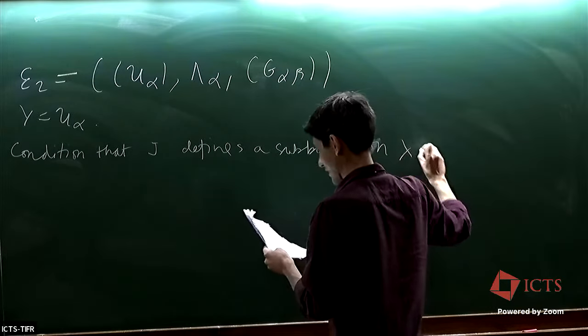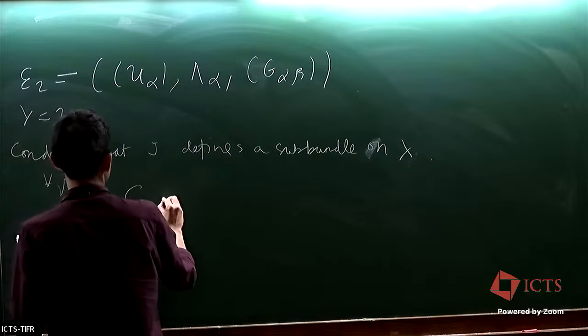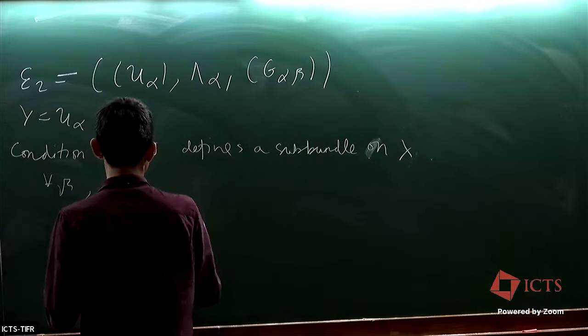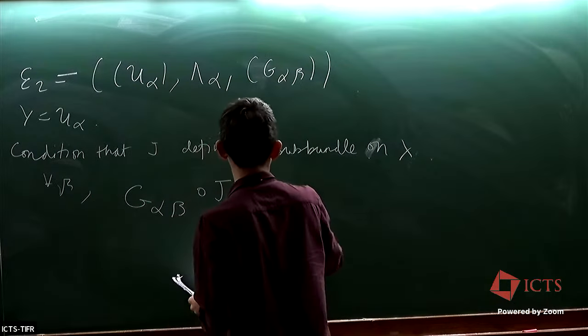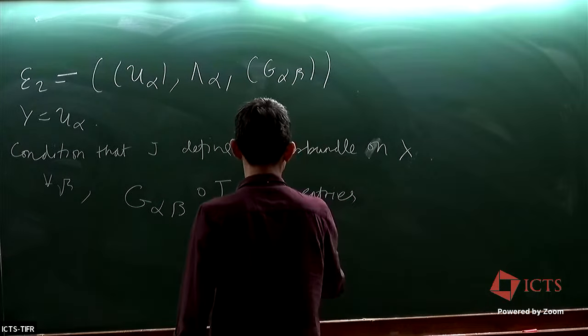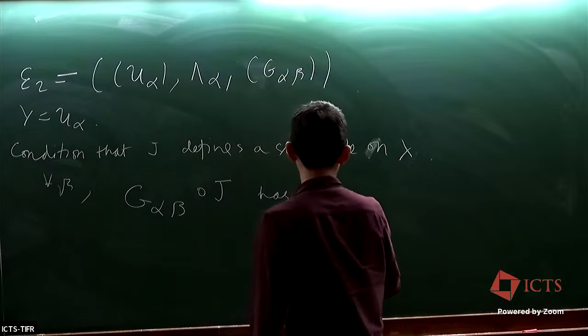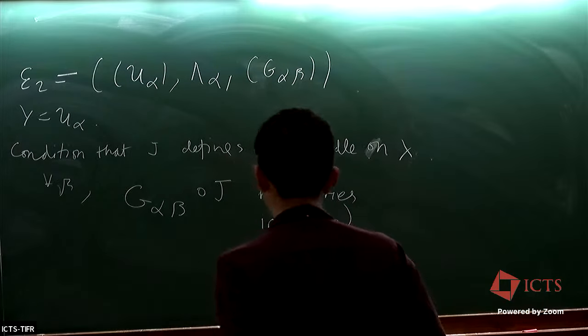It is exactly just the calculation that for all beta, this matrix G alpha beta, when I compose it with J, has entries in O of U beta. So a priori, it might have some poles, but the condition is that we don't get any poles.